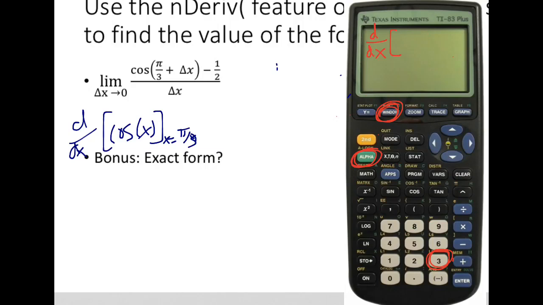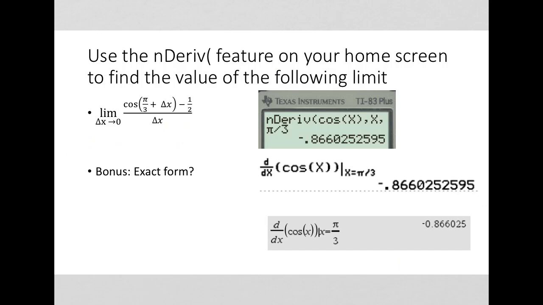And then you need to type the cosine function in there, cosine of x. And then you need to do the x equals, that equals value needs to be your pi over 3. And it will tell you the same exact value. So look there at how it needs to be.